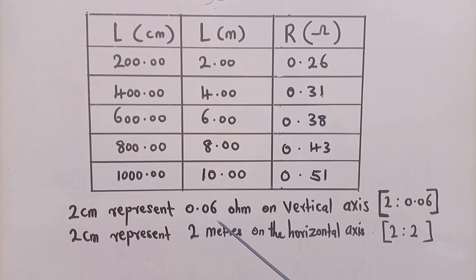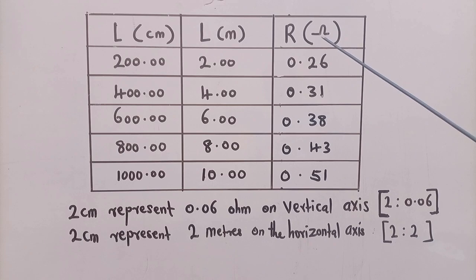Remember, when we did not know what X and Y represented, we used the word unit. Now that we know that R stands for resistance, we don't have to say unit. Instead, we have to state the unit of resistance, and that is ohm.